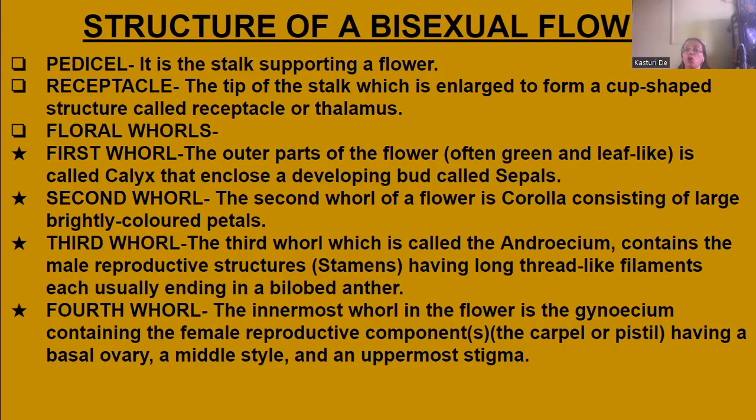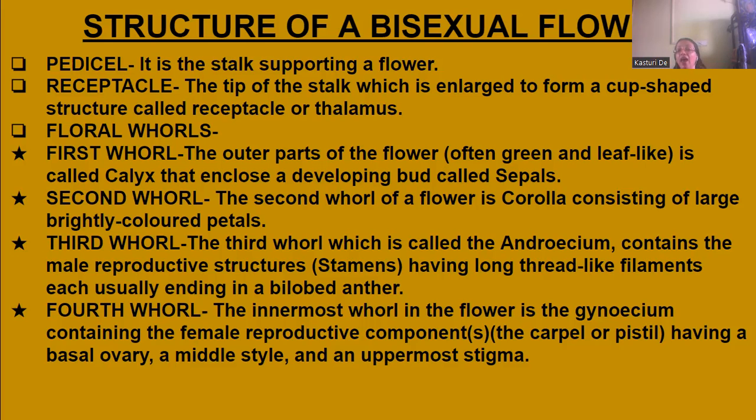The innermost wall of a flower is known as gynoecium, or it can be called the carpel or pistil, which has three parts. The basal part, the lowermost part, is slightly distended, slightly swollen, and is known as the ovary. Then above the ovary, there's a tube-like structure, which is known as the style, the middle portion.